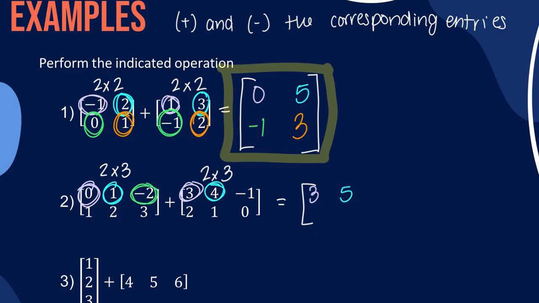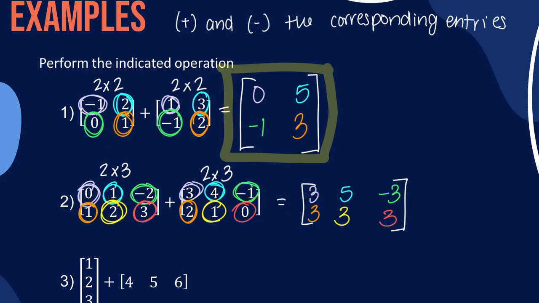I have -2 plus -1, that's going to give me -3. I have 1 plus 2, that's going to give me 3. Let me grab another color. I have 2 and 1, that's going to give me 3. And then the last one, I have 3 plus 0, and that's just going to give me 3. So this would be my answer.